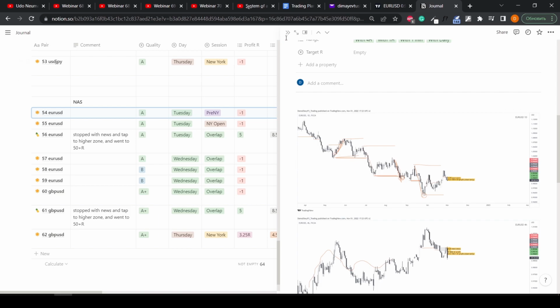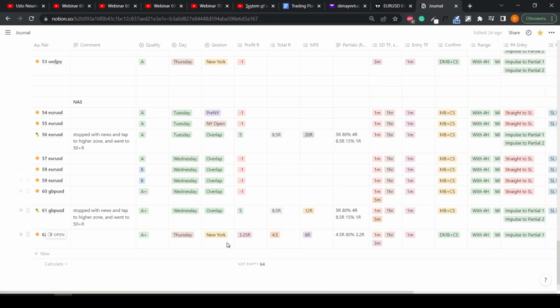And what's interesting is that if you look at my trades, you can see there are a lot of trades here for this week. But first of all, these 1, 2, 3 are all from one zone. These minuses are attempts to enter a trade.